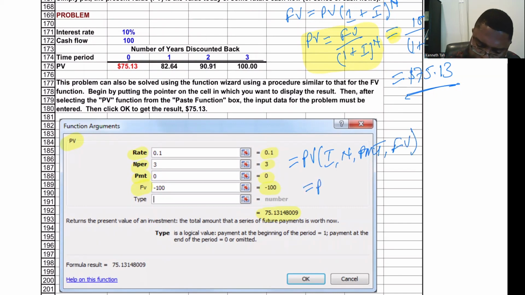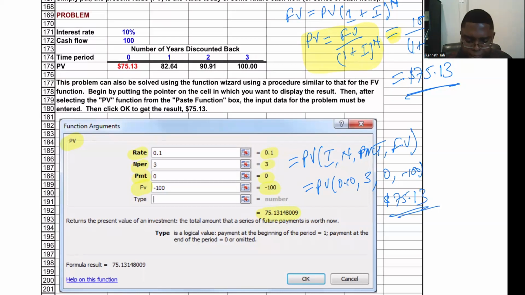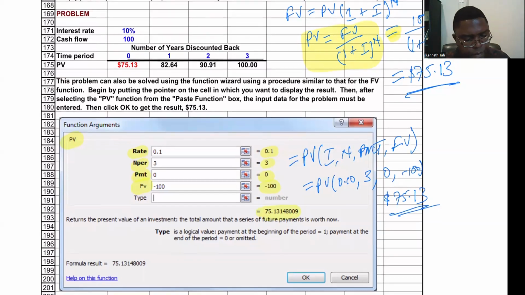So you basically just input the interest, 0.10, comma, the number of periods is 3, comma, the payment is 0, comma, the future value is minus 100, enter, and that is going to give us 75.13. So that is using Excel.